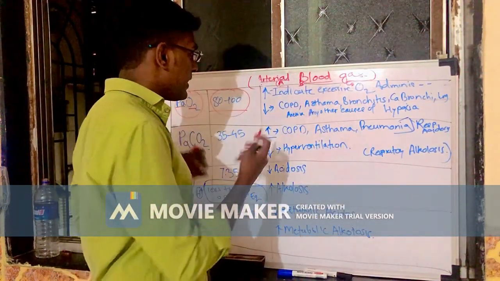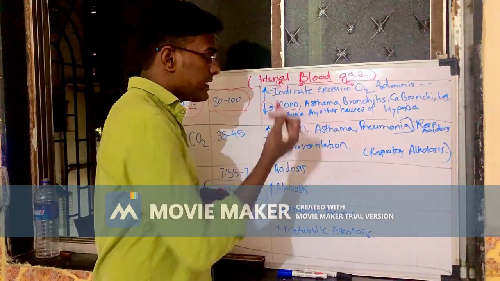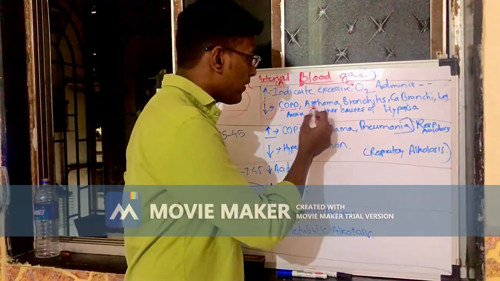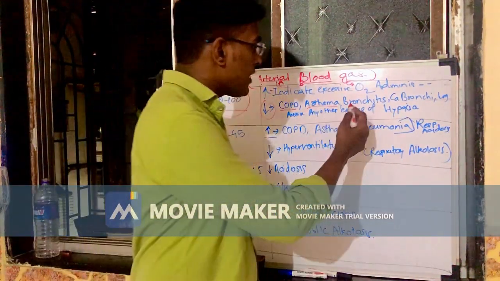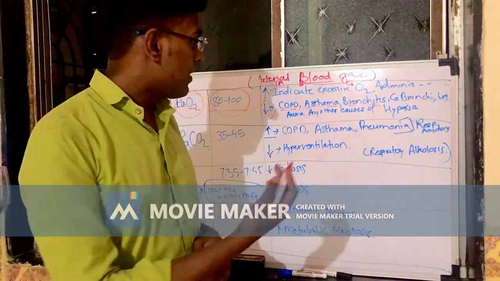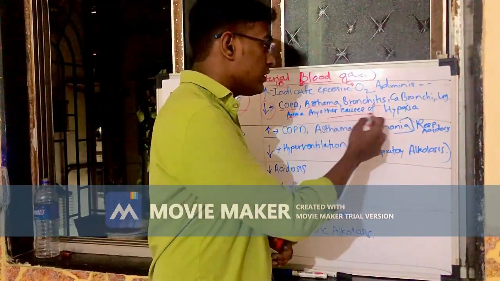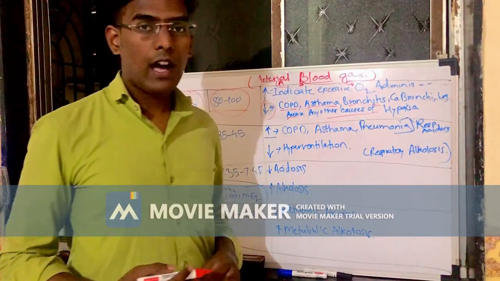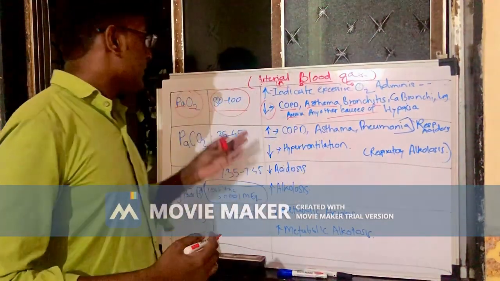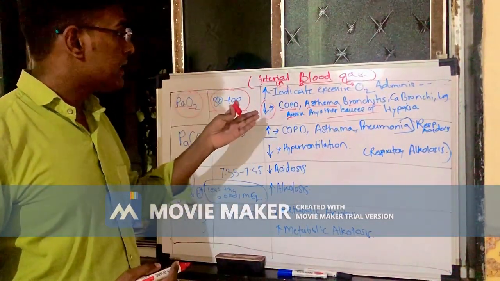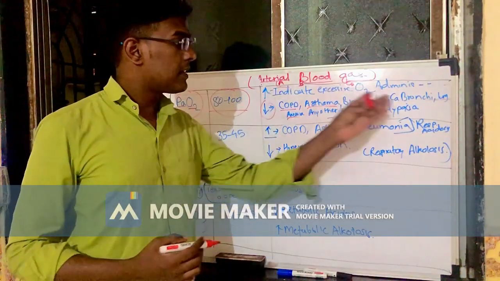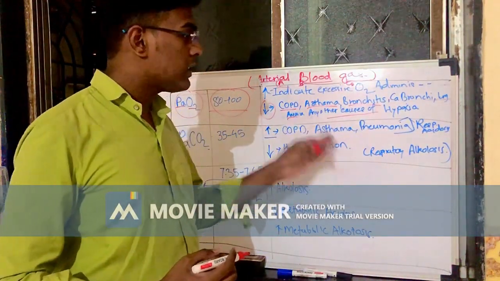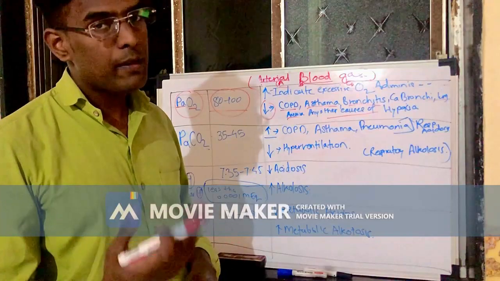So if it is decreased, there could be COPD, asthma, bronchitis, cancer of the lung, anemia, and any other causes of hypoxia. So if the PaO2 is decreasing, these are the reasons. Along with that, other reasons may also cause hypoxia.